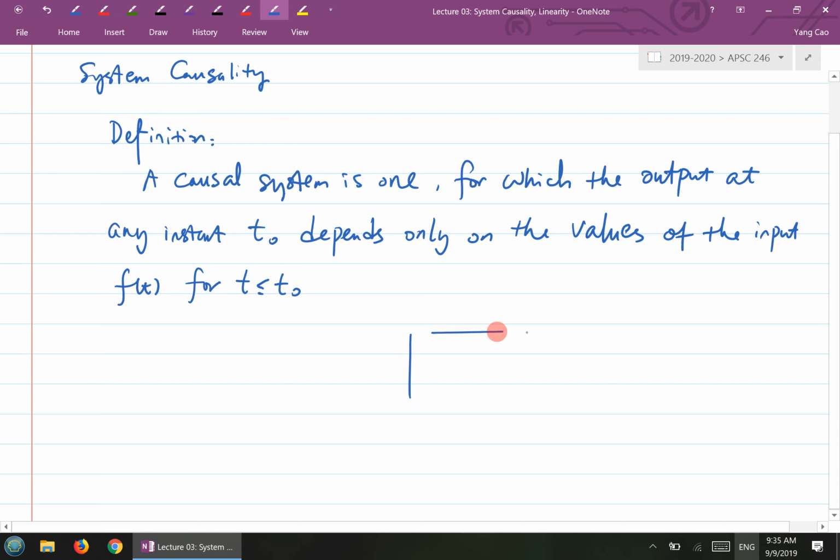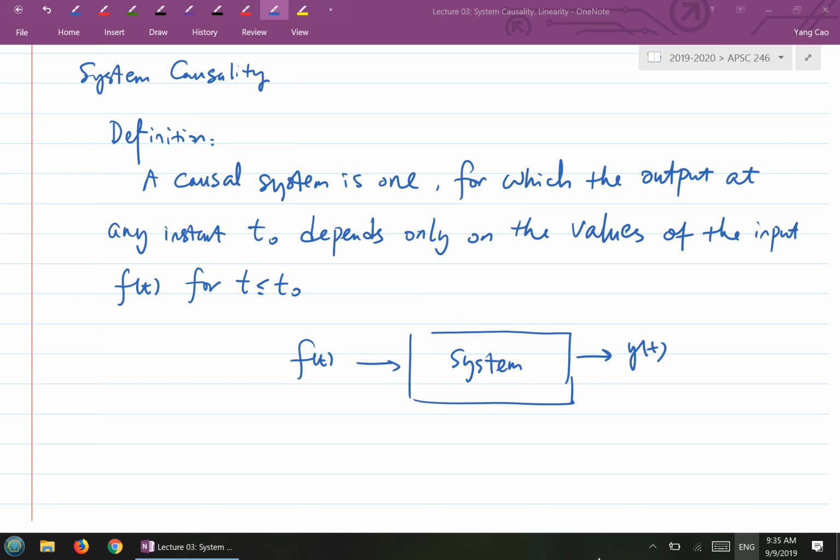This is a diagram we used in the previous lecture. If the input is f of t and the output is y of t, here is a system. So that's more of a formal definition for causality of the system. It seems to be very straightforward to understand.